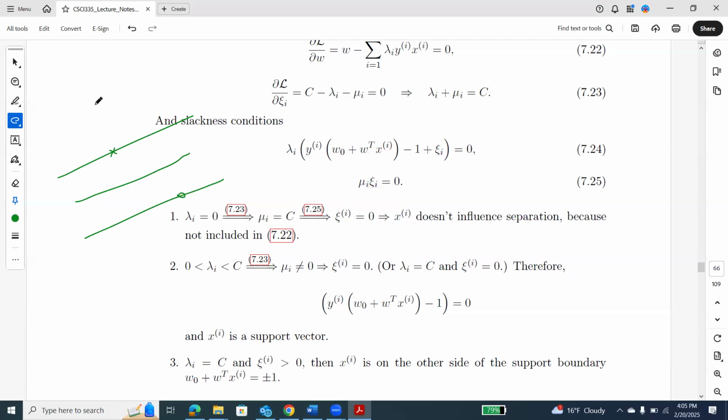If lambda is zero, then our point lies outside this strip. If lambda is in between, then it lies exactly on this line.